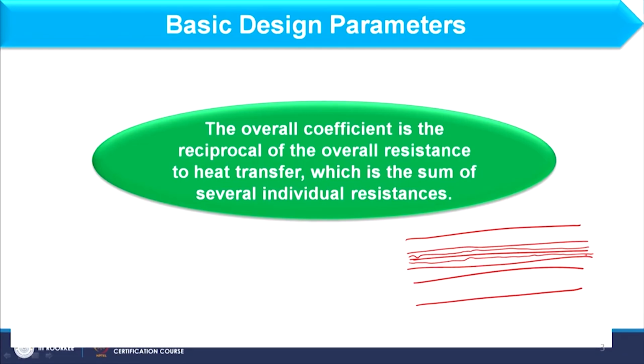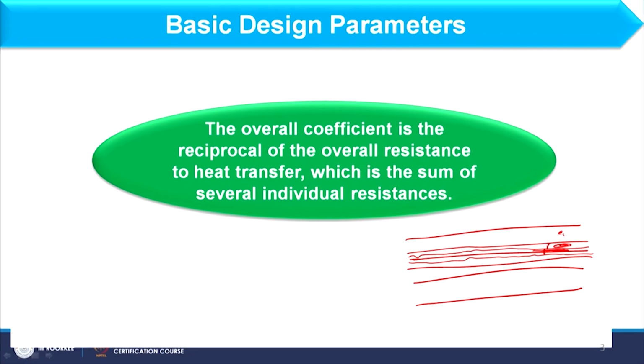As far as heat transfer is concerned, first the fluid will come over here, and then in this layer we will have the transfer of heat through convection. After that heat will transfer through this scale or dirt formation through conduction.